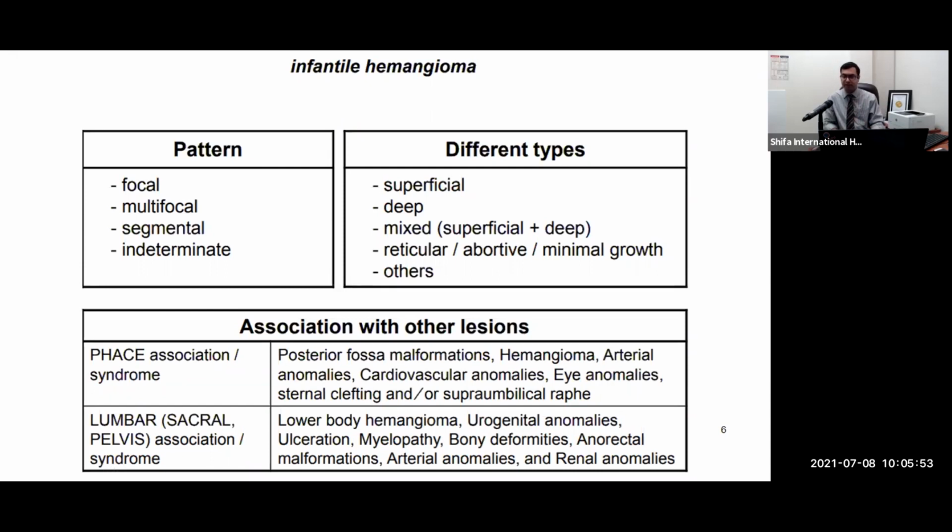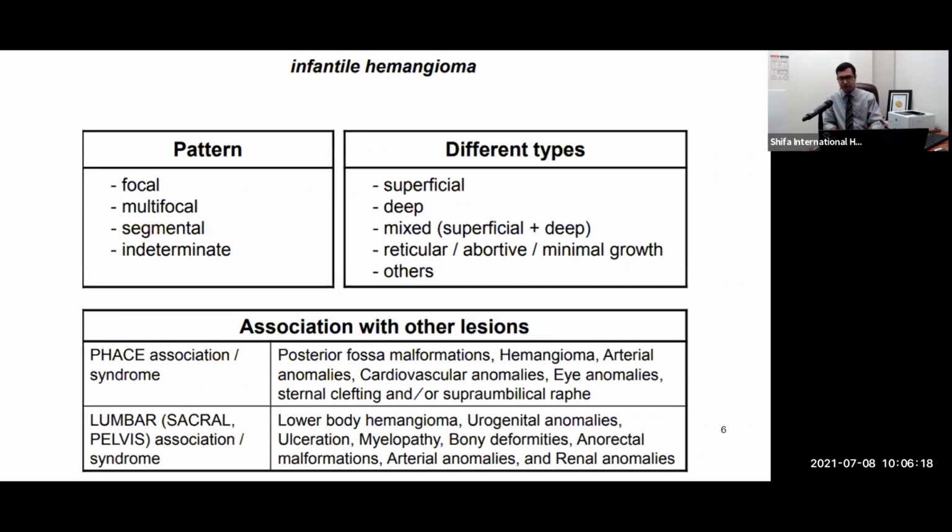We'll talk about that, very important actually, because they have intracerebral malformations associated with them, and then indeterminate, which you can't put in any of these categories. Then different types. We have got photographic comparison of these in few slides. Superficial, only on the skin, a deeper, mixed, which has both components, and then others.